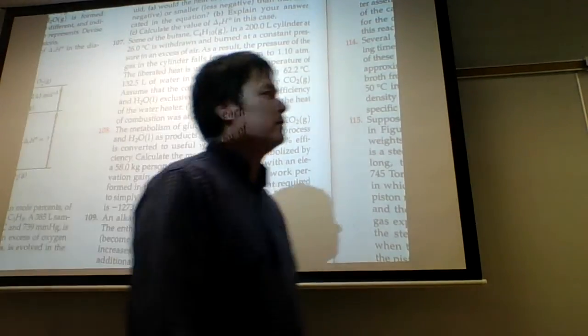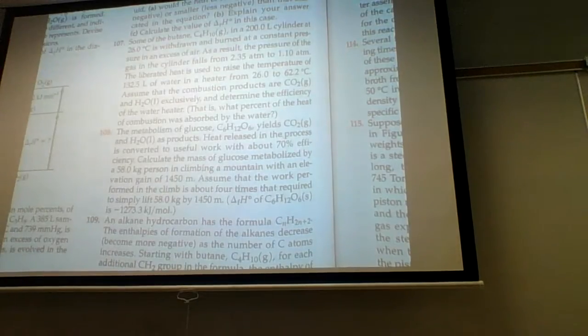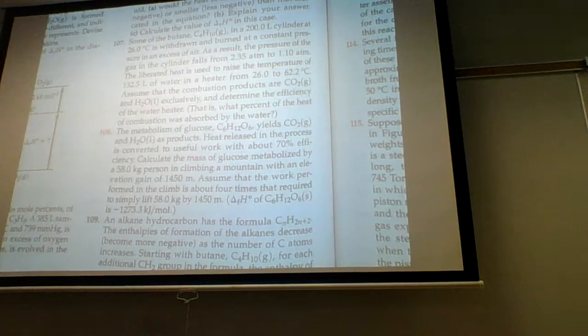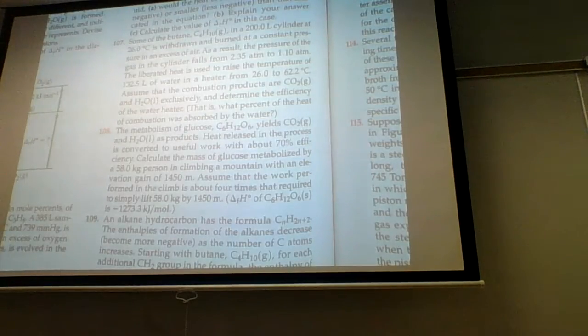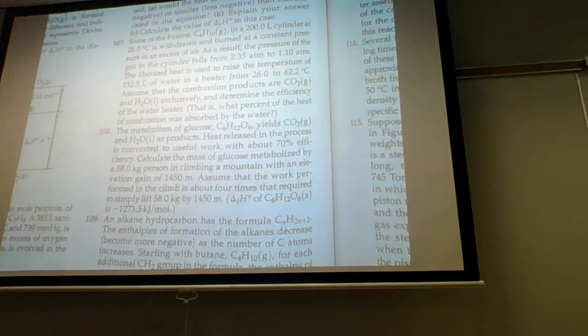And so a lot of people will accidentally put, well, delta H of metabolism, that's just given as minus 1273.3 kilojoules. But that's wrong. That's delta H of formation for glucose. We're forming 1 mole of glucose, C6H12O6, solid. And that's going to cost us minus 1273.3 kilojoules per mole.